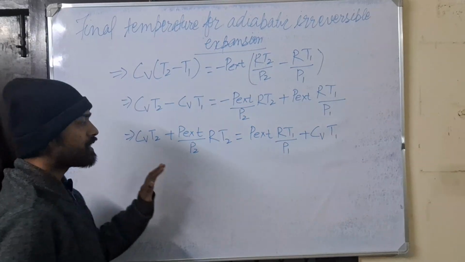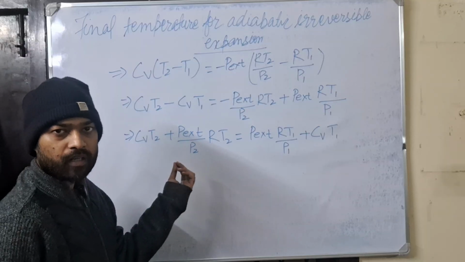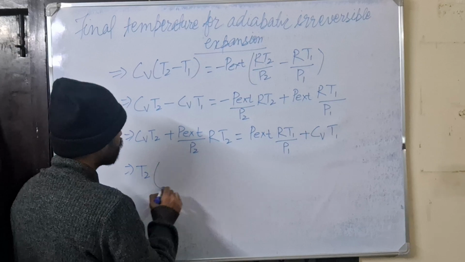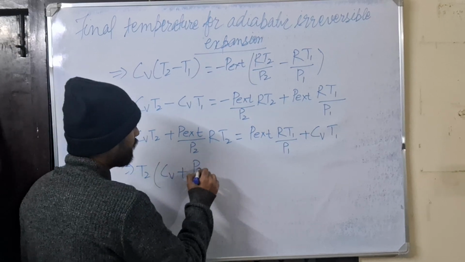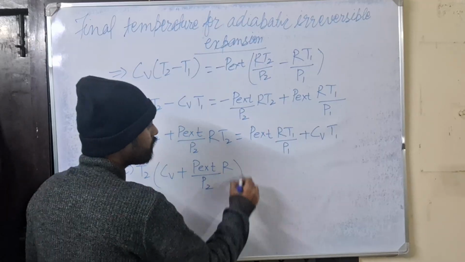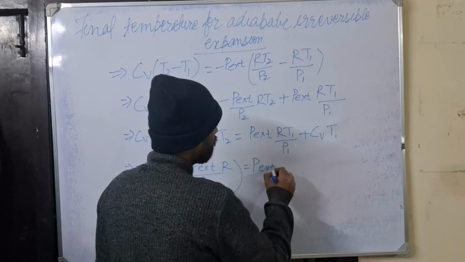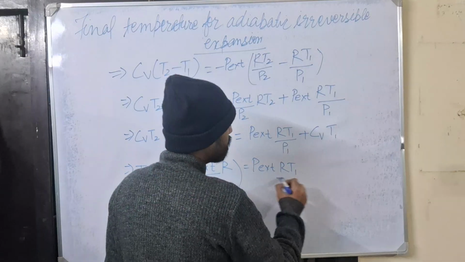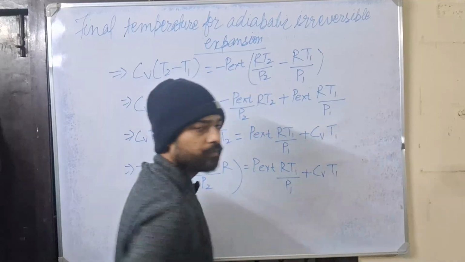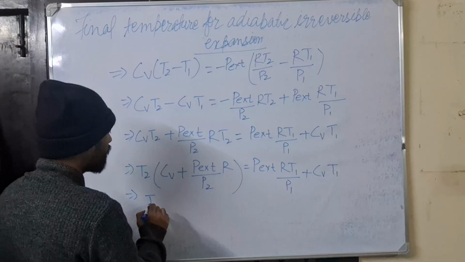Let me remove the lower part. Now we will take T2 common here, because this is what we wanted. This becomes Cv plus P external by P2 into R, equal to P external RT1 by P1 plus Cv into T1. So this gives us the expression of T2.